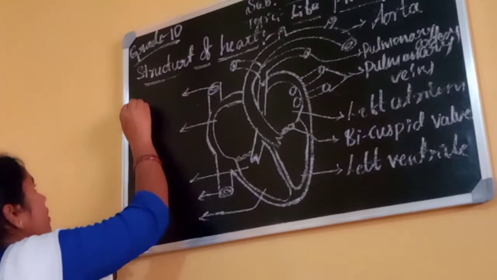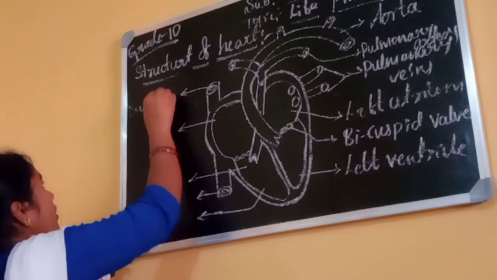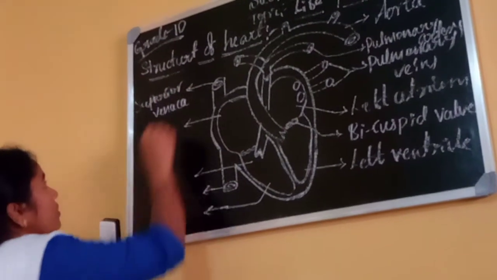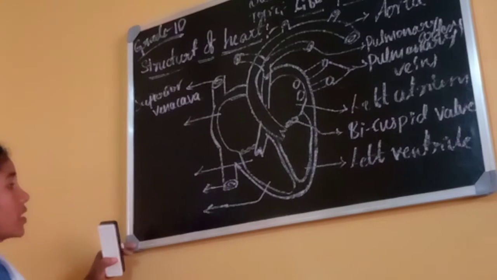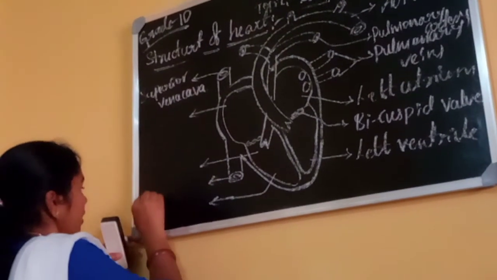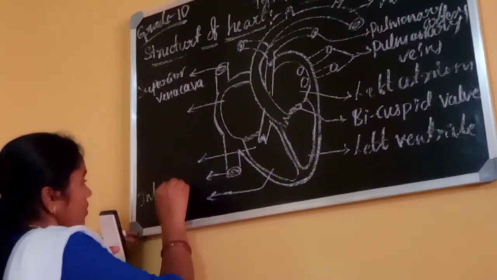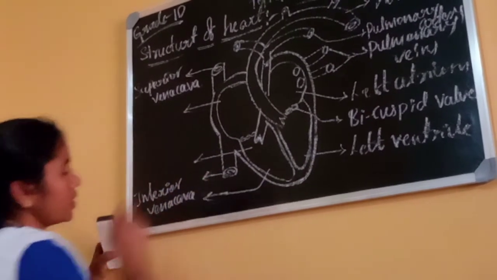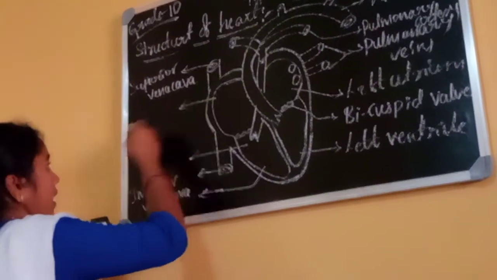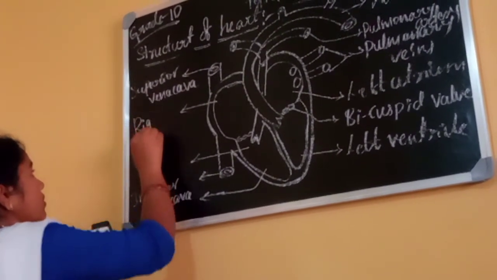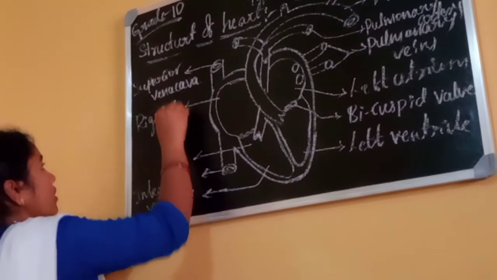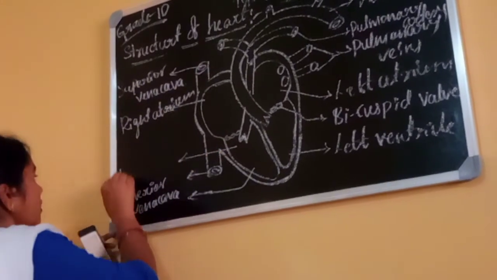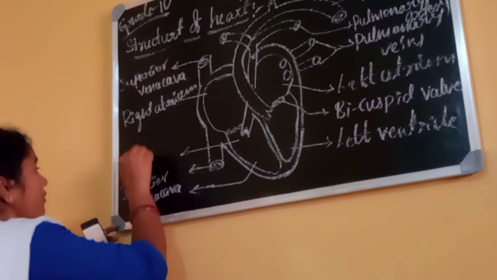Here is the superior vena cava, and the one below is the inferior vena cava. Then the right atrium and the right ventricle.